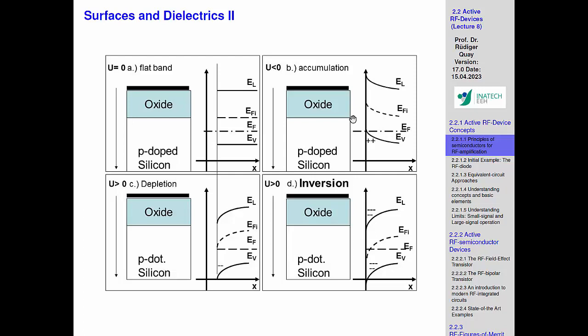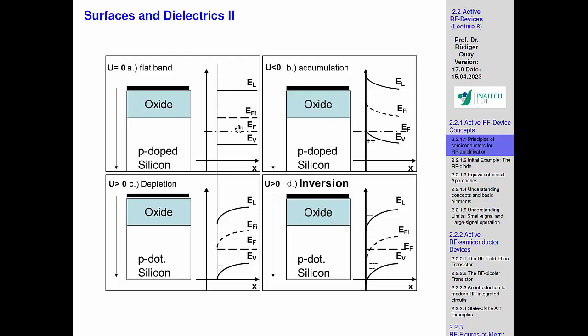And what you typically assume is that the metal on top of the oxide is at 0 volts, and there's nothing on the interface. So we look now through this structure, from the semiconductor to the other side.